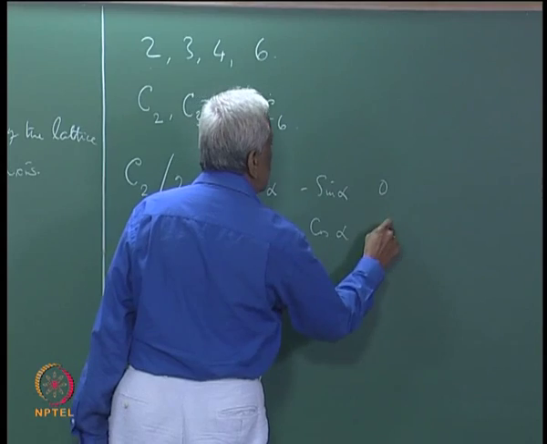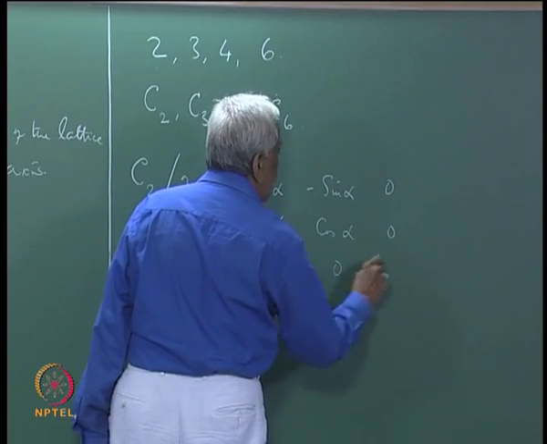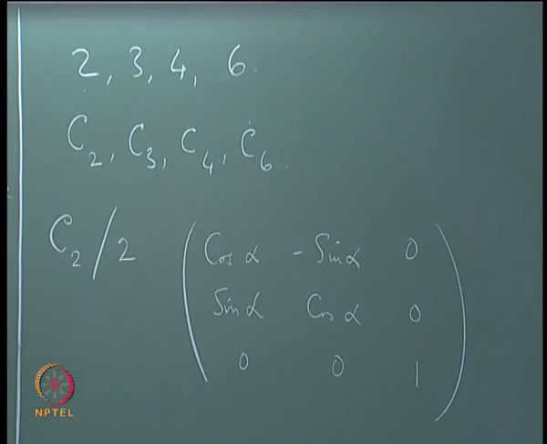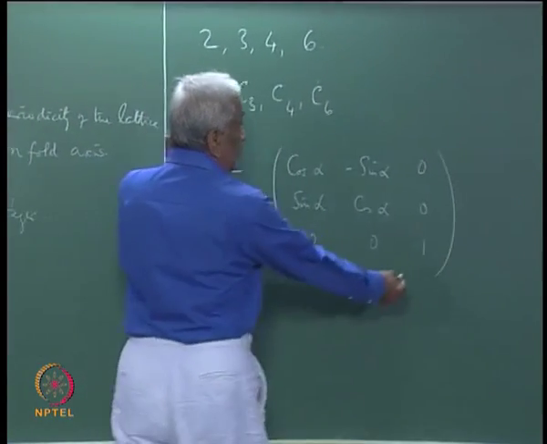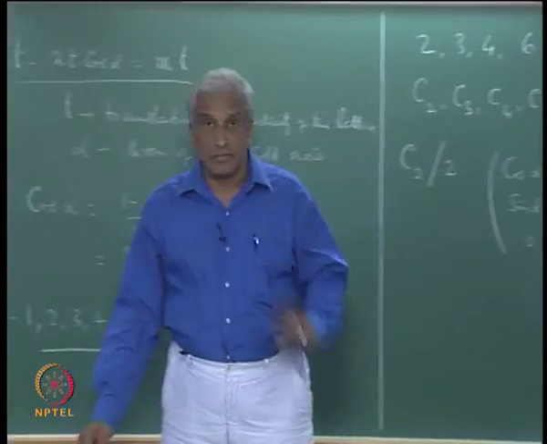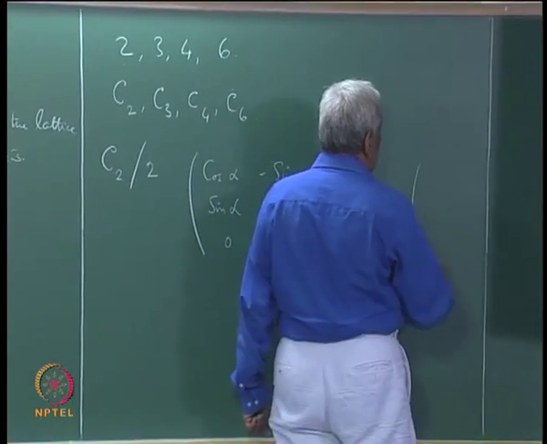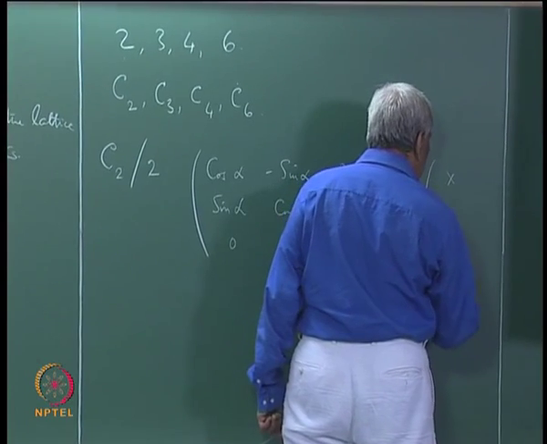In 3 dimensions, this is the matrix representation of a rotation about the z axis. Now, the basis for this is the coordinates x, y, z in 3 dimensional space.